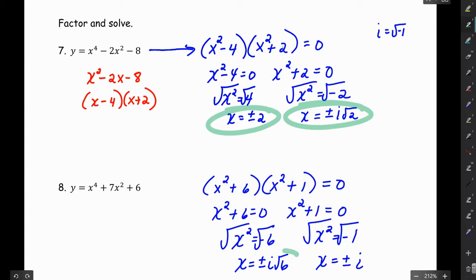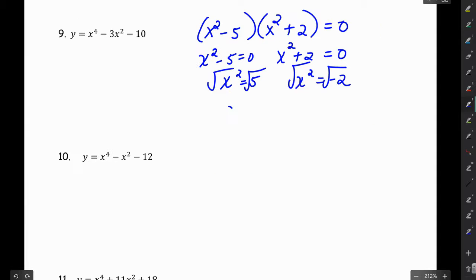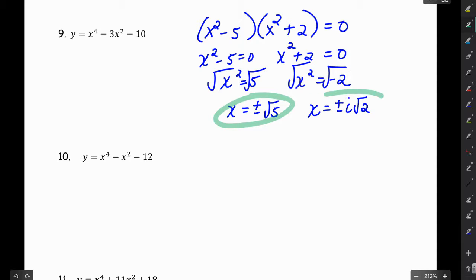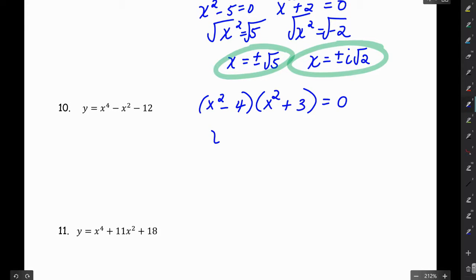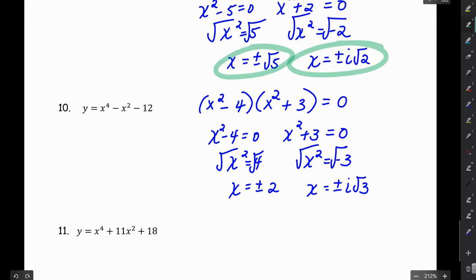Right, for number 8, our solutions are plus or minus i root 6 and plus or minus i. For number 9, your solutions are plus or minus root 5 and plus or minus i root 2. For number 10, the solutions are plus or minus 2 and plus or minus i root 3.